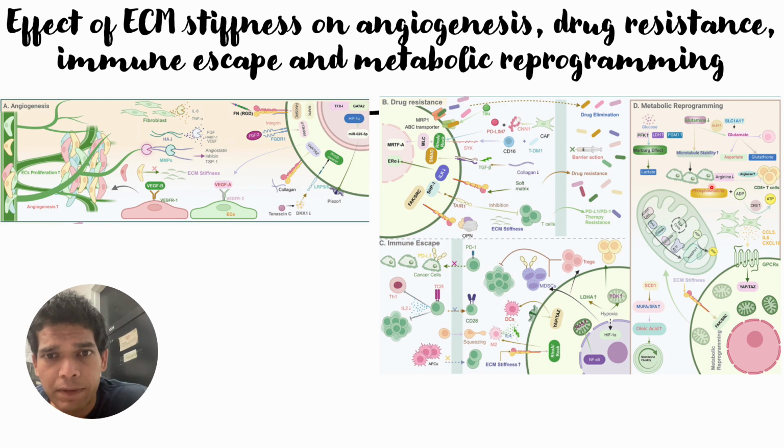For example, it changes the glycolysis pathway so that most of the energy is now consumed for cell growth and cell proliferation, without utilizing the energy for other pathways that are not necessary for tumor cell survival.